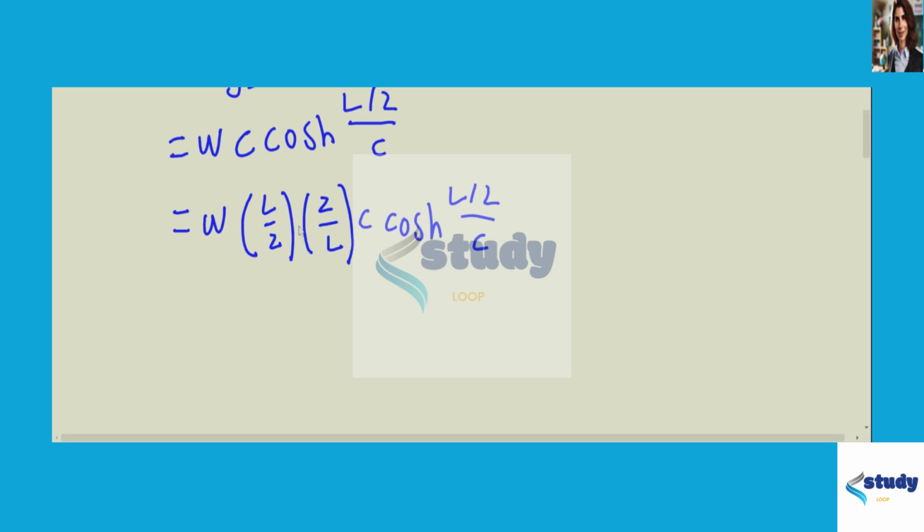And the reason we did this here is because we're going to let some variable z be equal to L over 2C. And we do this so we can take a derivative of this equation and help solve for the minimum value of Tm. So that's why we insert this L over 2 and 2 over L here.